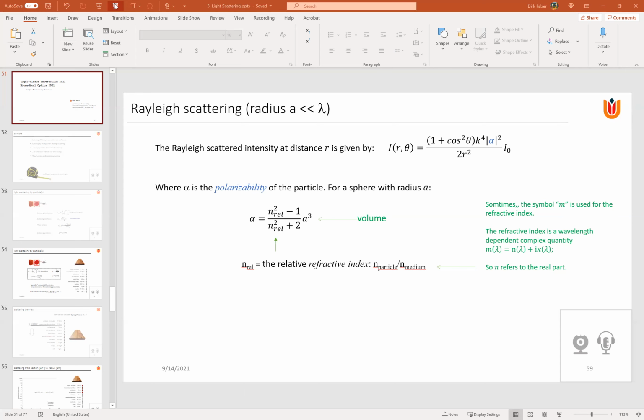So there is a refractive index in there, relative refractive index, meaning the ratio of the refractive index of the particle with its suspended medium that turns up both in the numerator and the denominator, and there is the particle volume in there with an a to the third term. So there's a lot of things going on in this equation, but eventually the things that Rayleigh derived end up here in this equation.